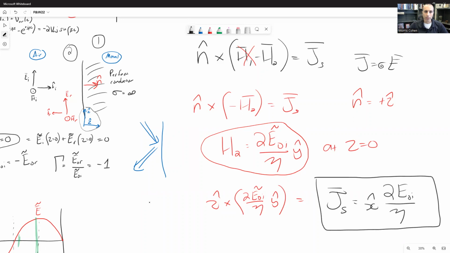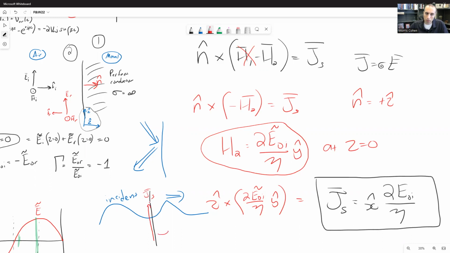So the way to think of it is, here we've got a perfect conducting boundary. We've got a wave coming in. And in essence, you can think of the wave as continuing on. It just keeps going. That's our incident wave. But the incident wave also induces surface currents right here. And those surface currents are going to launch a wave in two different directions.